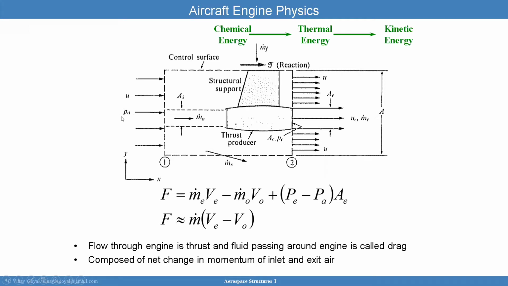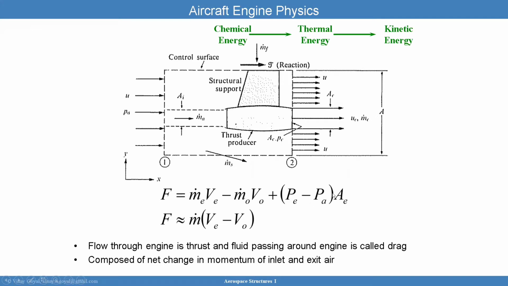When you look at the force balance in this situation, you get force equals m dot E, VE, minus m dot, V0, the initial velocity of the flow into the engine and the mass flow rate into the engine, plus PE minus PA again, where PE is the exit pressure and PA is the atmospheric pressure.